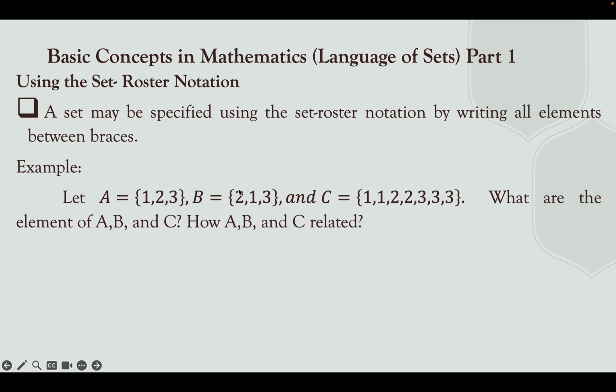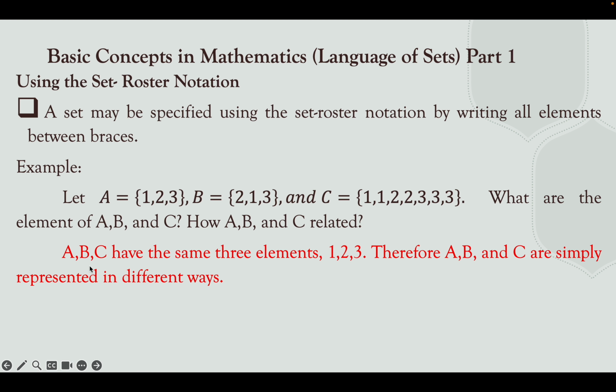We can see that they have the same elements: 1, 2, and 3. How are A, B, and C related to each other? Again, they have the same three elements, which are 1, 2, and 3. Therefore, A, B, and C are simply represented in different ways. In set A, the values are in order: 1, 2, and 3. In set B, they are disarranged: 2, 1, and 3.